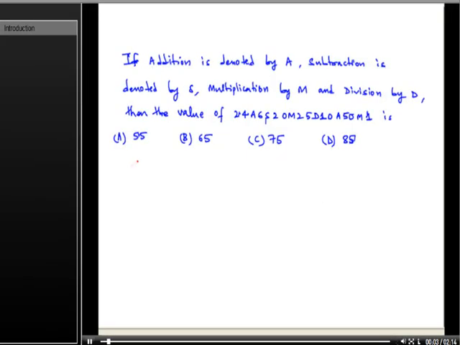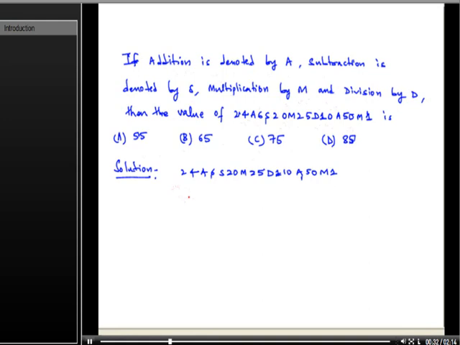In this question, an expression is given involving numbers and some alphabets. Here A denotes addition, S means subtraction, D means division, and M means multiplication. We have to apply those symbols to this expression and simplify the same.